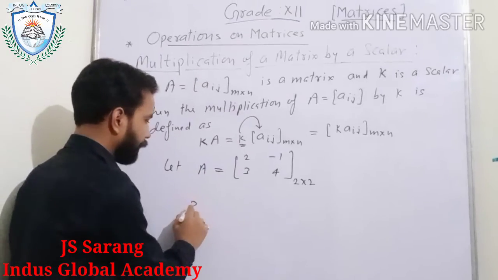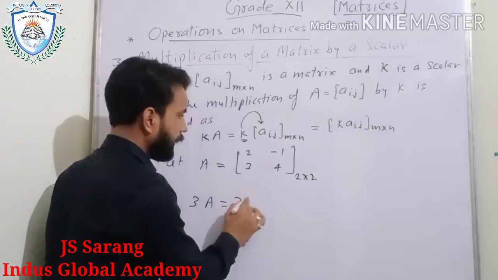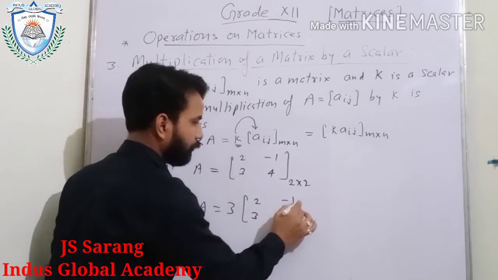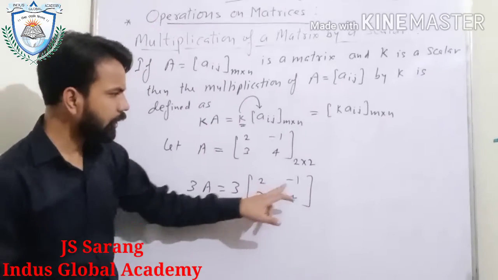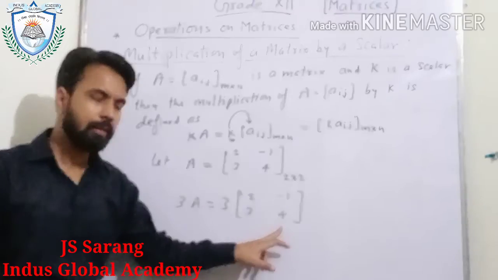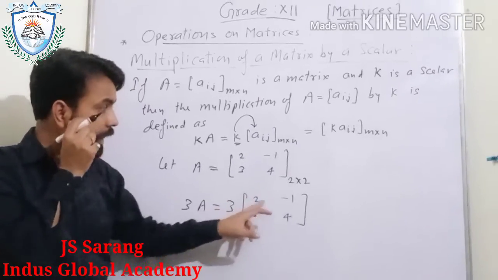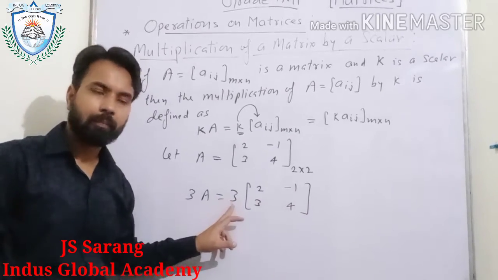So it will be 3A, that means 3 into 2, minus 1, 3 and 4. Now what do we have to do? We have to multiply each and every element of the matrix by this scalar. Understood? We have to multiply every element of this matrix by this scalar.